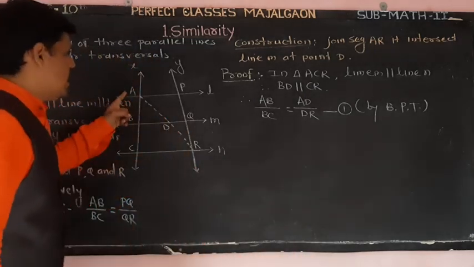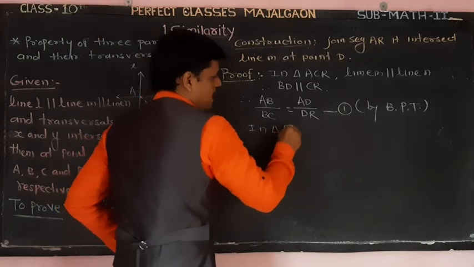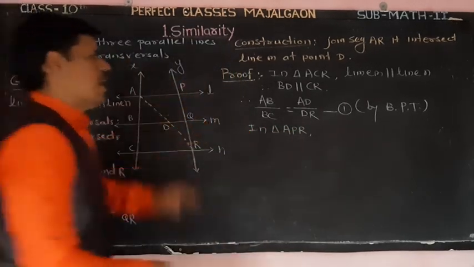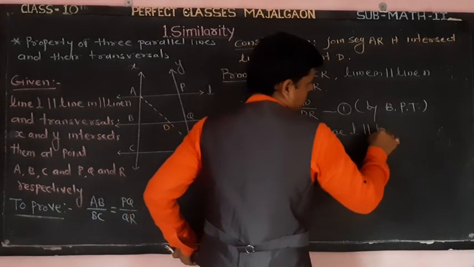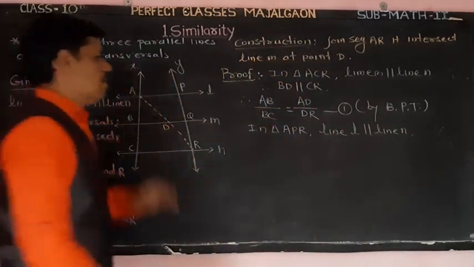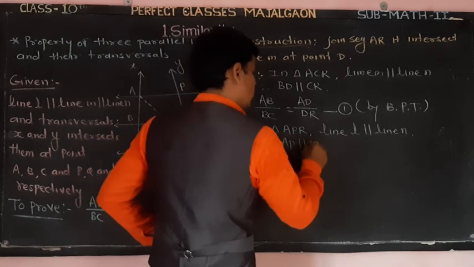Then we take triangle APR. In this triangle, line L is parallel to line N. These two are parallel. It means that AP is parallel to DQ.